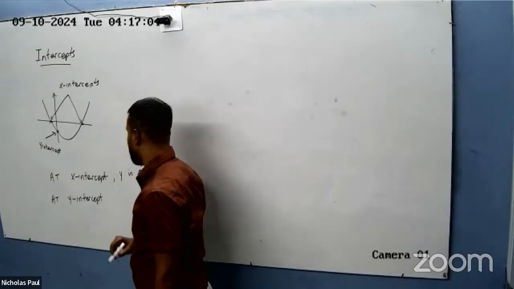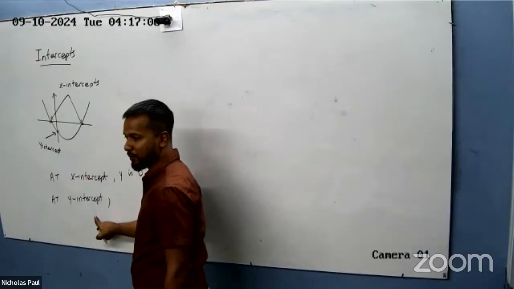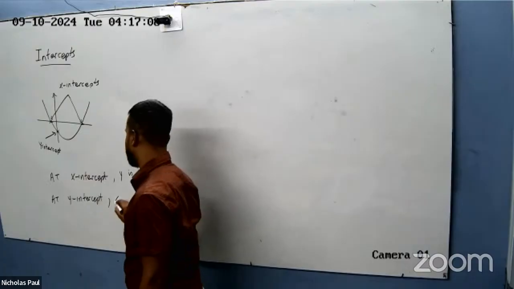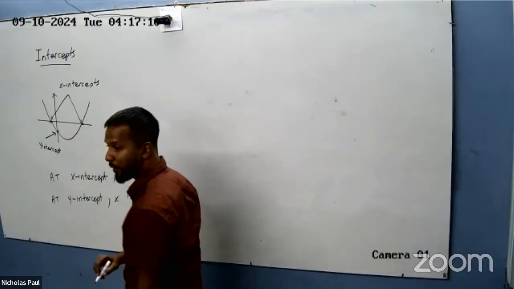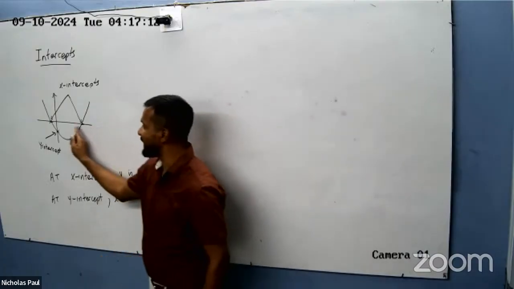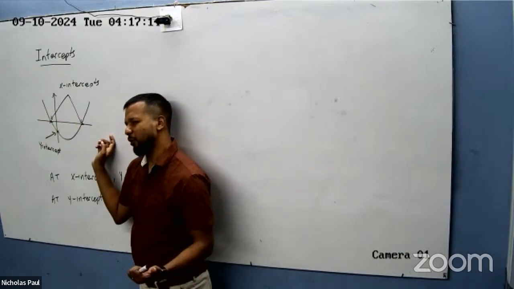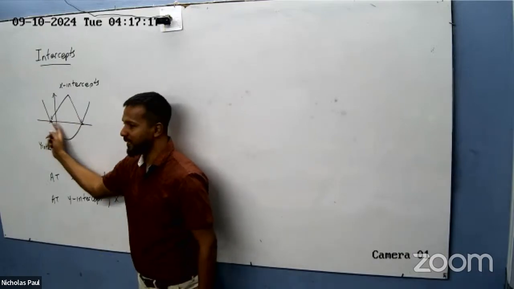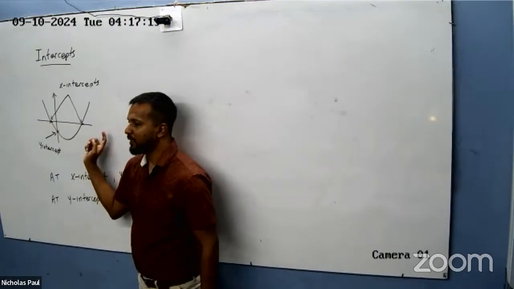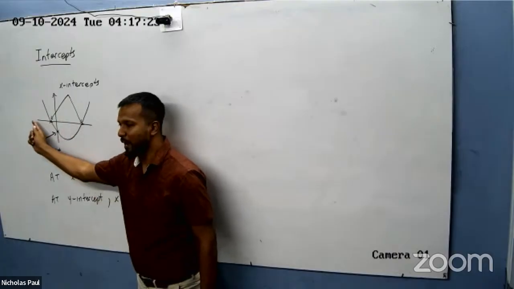And at the y-intercept, x is 0. Okay? So technically, this line here is not the x-axis. This line here is y is 0. Everything on this line is y is 0.